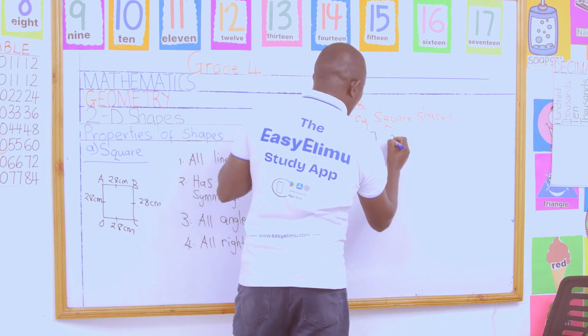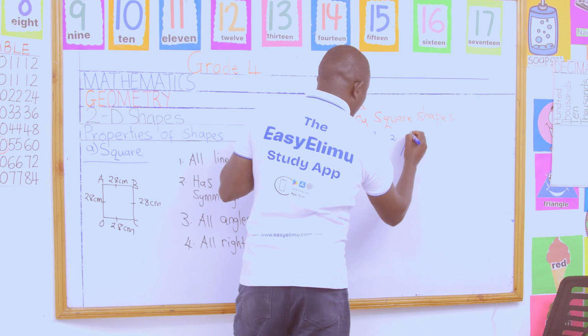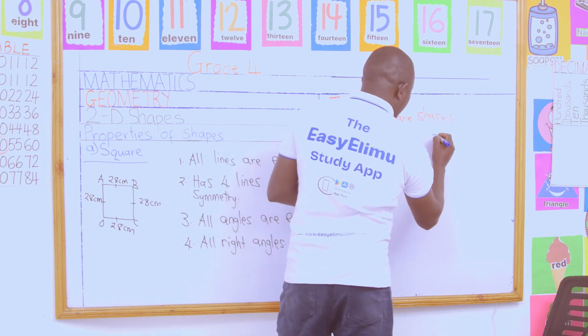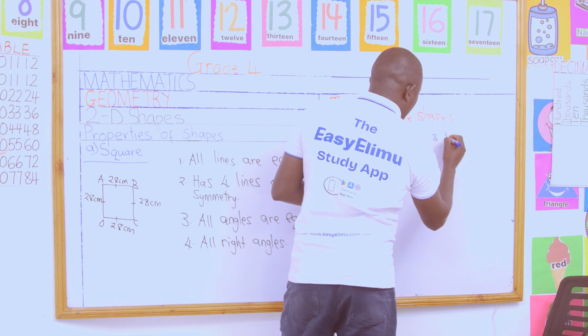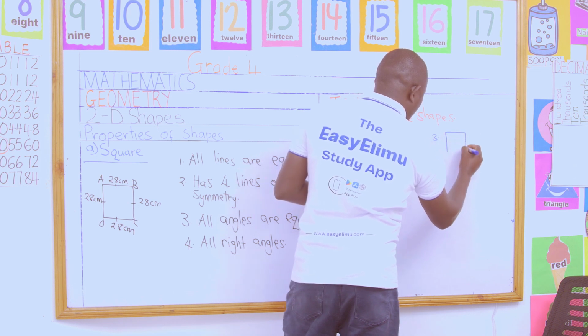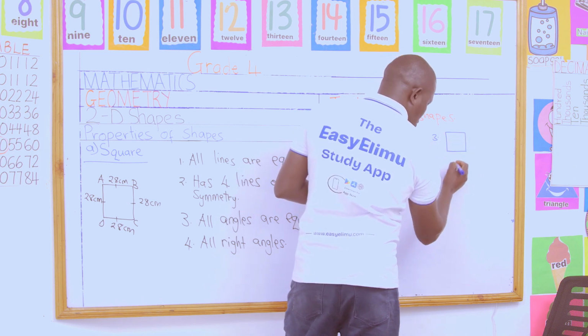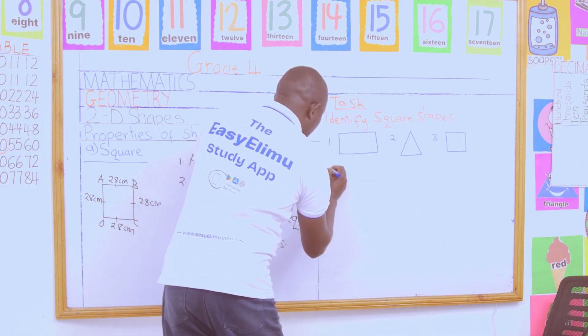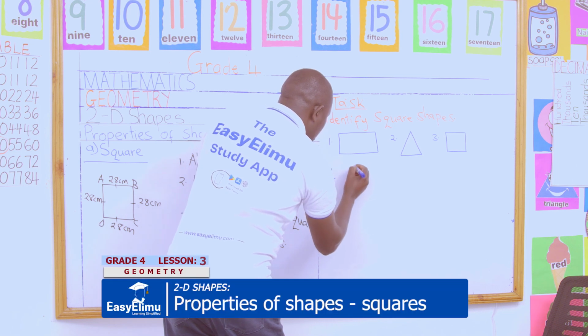Number 2, we are identifying whether we have a square here. Number 3, we are identifying squares only. They can either be 1, 2, 3 or 4. Identifying squares only. Also, is this a square?